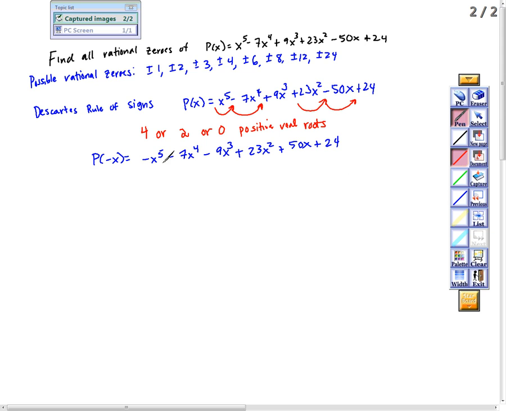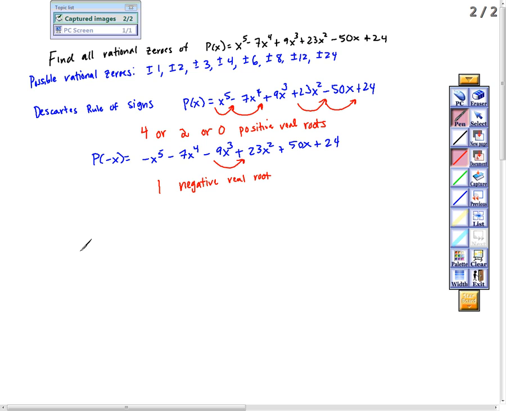Looking for sign changes here. Nope. Oh, here's one. And that looks like it's it. So I do 1, and normally you would subtract by 2 until you got 0, but I can't do that because 1 minus 2 is a negative number, so I stop here. So there will be 1 negative real root.